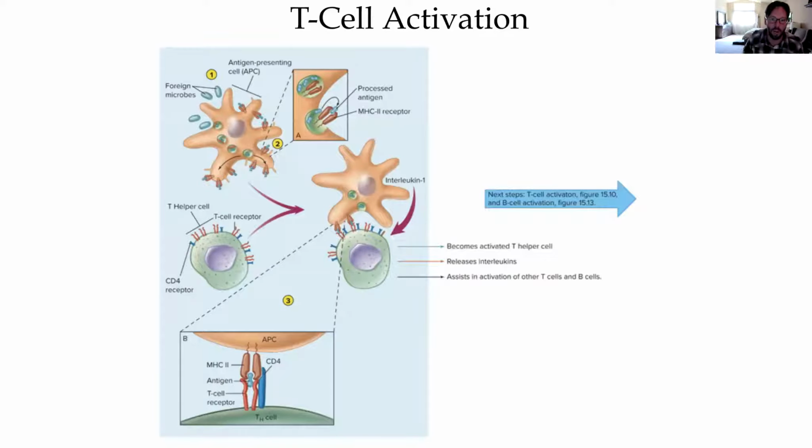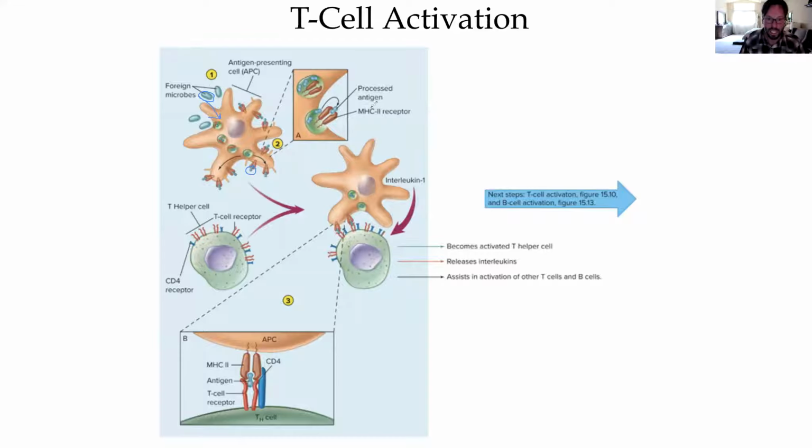And this is a diagram of that, right? We have the antigen presenting cell, the macrophage or the dendritic cell. Here's the foreign microbe. It gets engulfed. It gets broken up and processed, and then the antigen is now spit out onto the MHC.